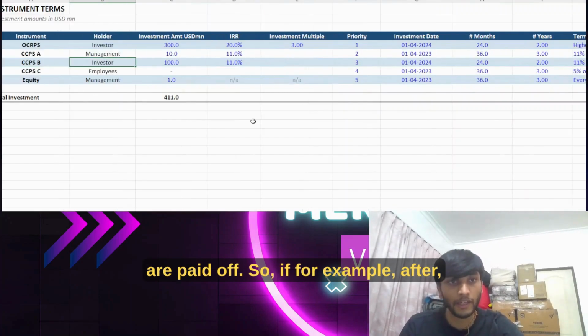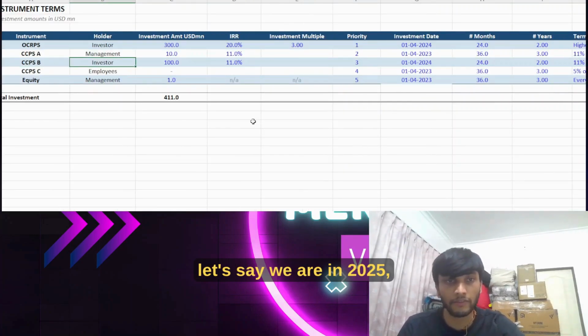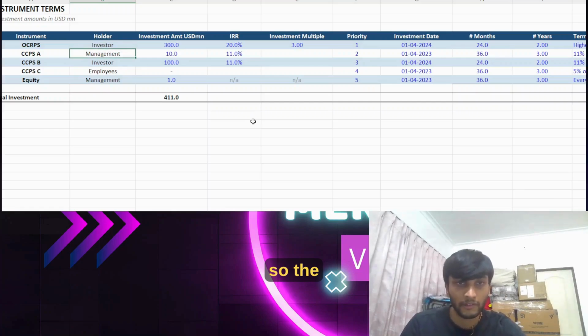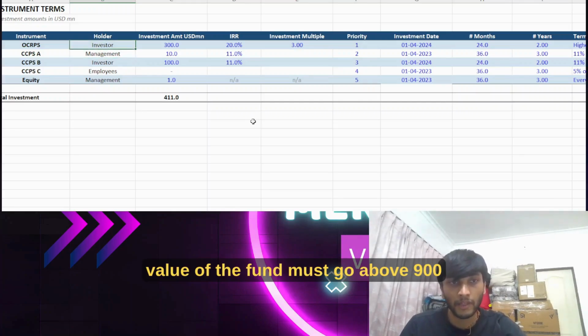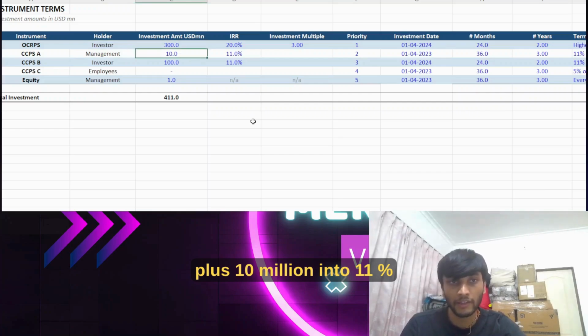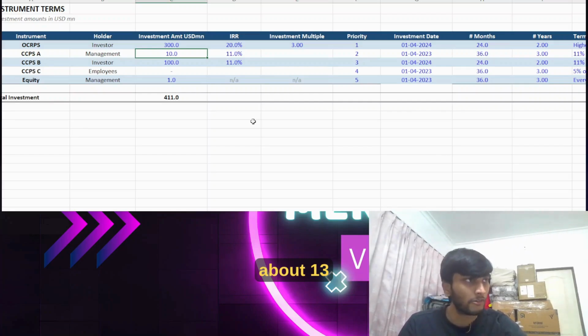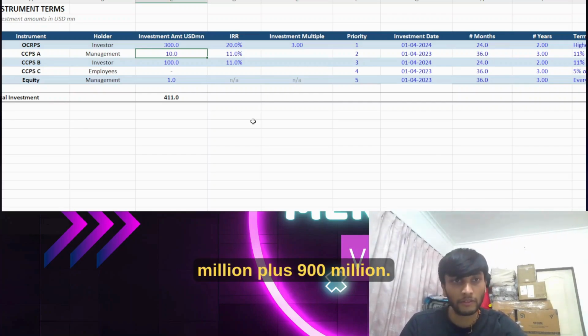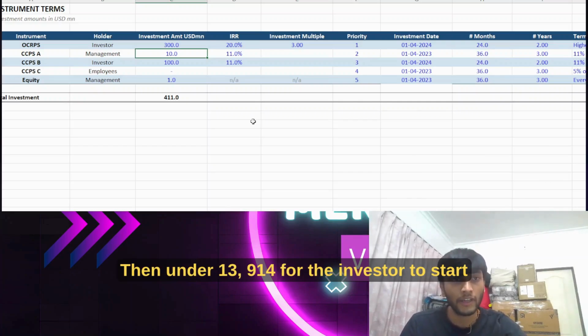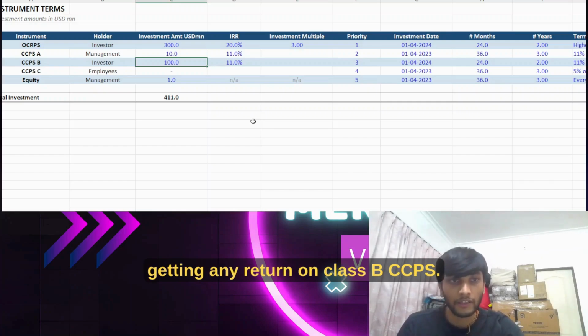So for example, let's say we are in 2025, the value of the firm must go above 900 plus 10 million at 11% IRR for 2 years, so around 13 million plus 900 million. So around 939 or 914 million for the investor to start getting any return on class B CCPS.